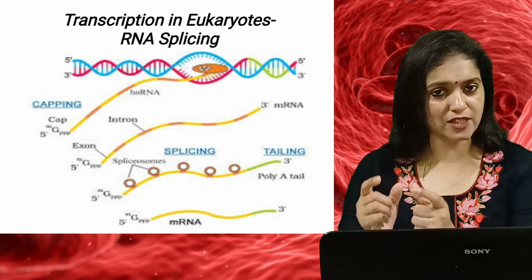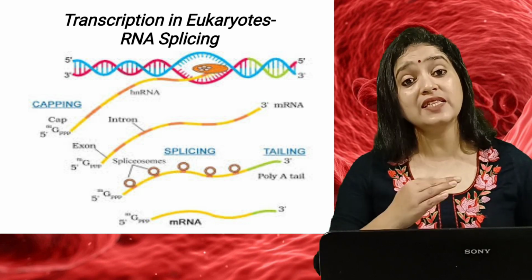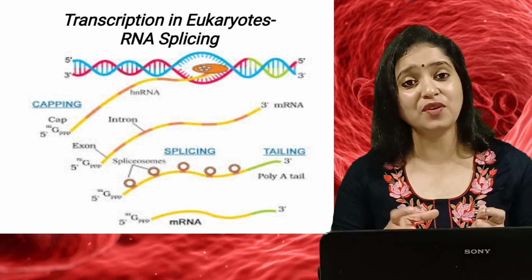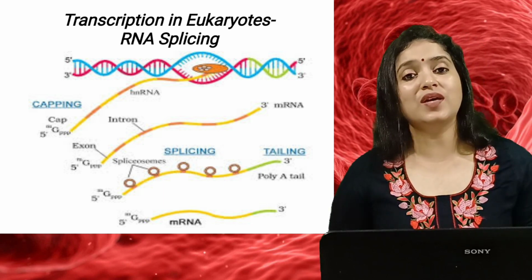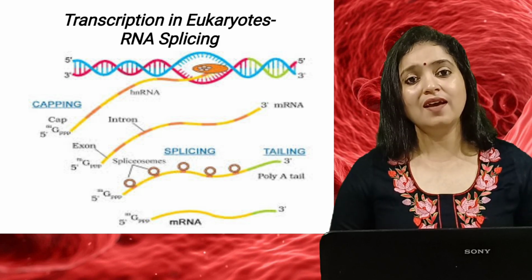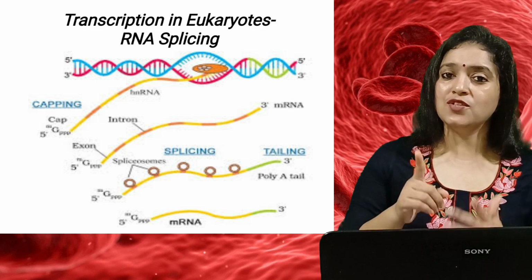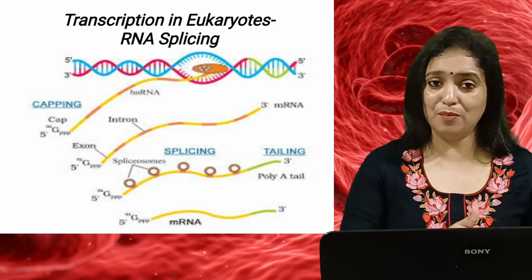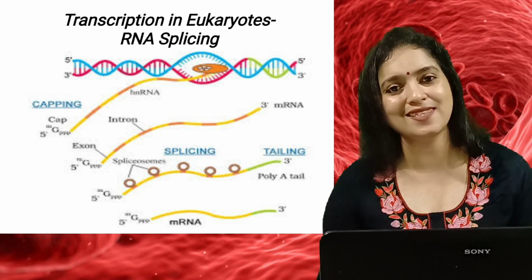So introns have to be cut and removed. Exons are the expressed sequences that we need for the mRNA. So in a eukaryote, the mRNA produced after transcription consists of introns as well as exons together. So introns have to get removed, exons need to get joined, and this is actually known as RNA splicing.